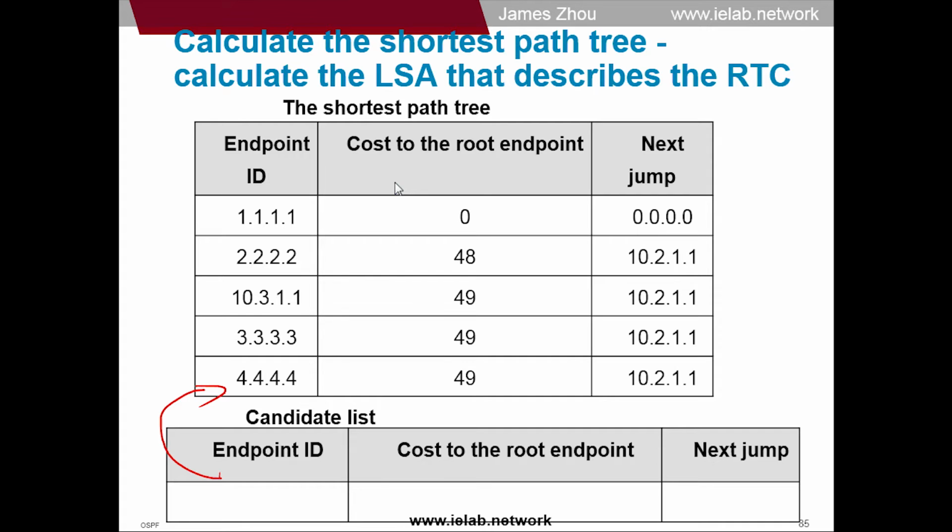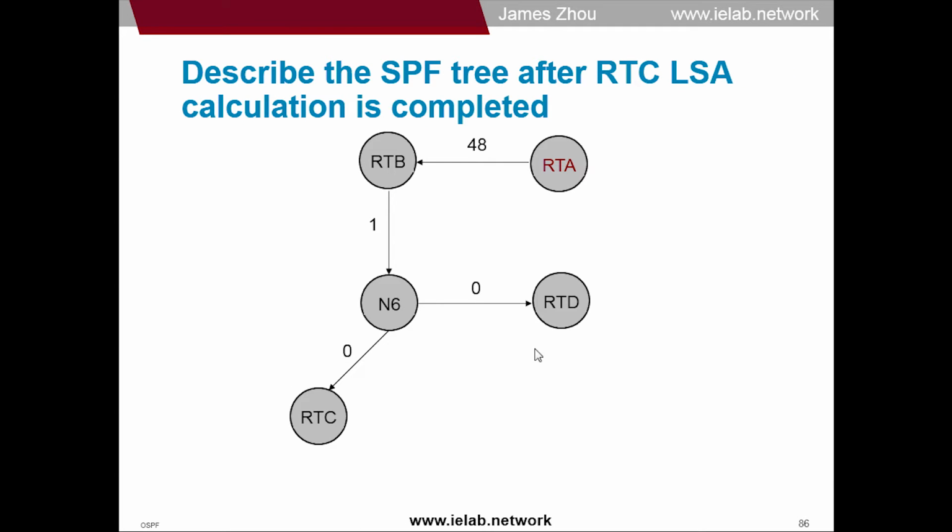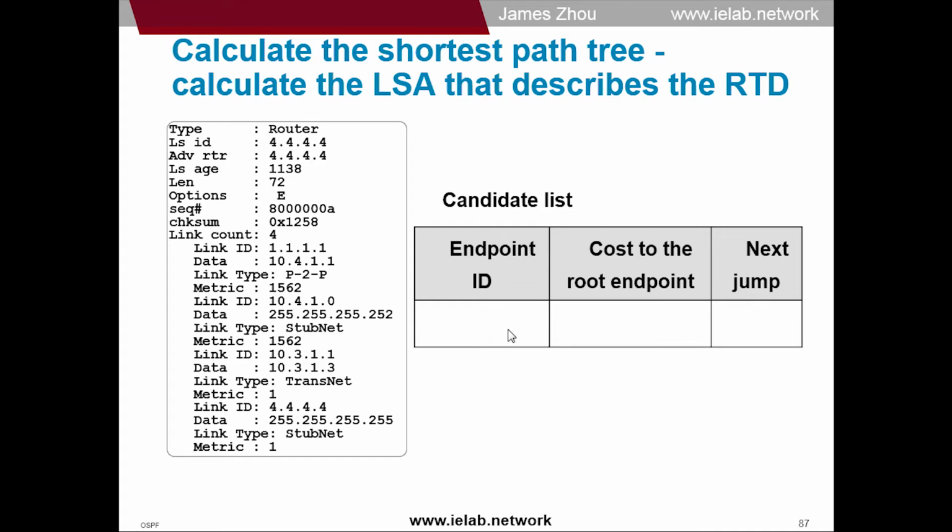Then check RTD's LSA1. Here are the point-to-point segment and the transit segment. 1.1 is already in the path list, ignore it. Transit 10.3.1.1 is already in the path list, ignore it.